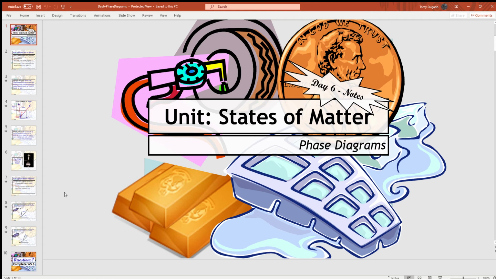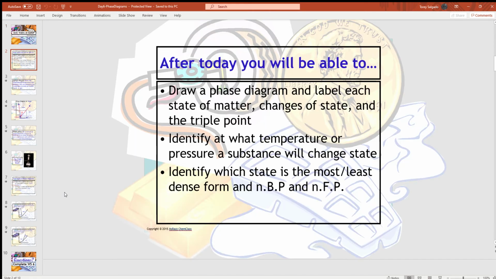So we're going to take a look at them, what phase diagrams have to offer a little bit, and what they mean for scientists and how we report the phases of matter and the states of matter.